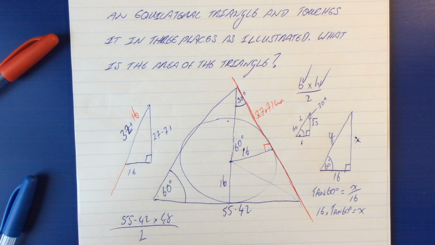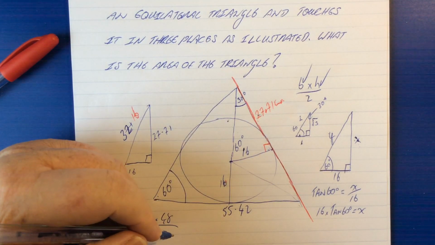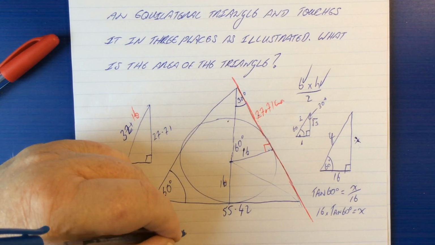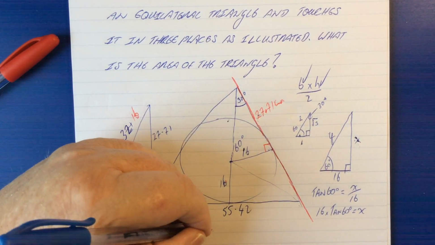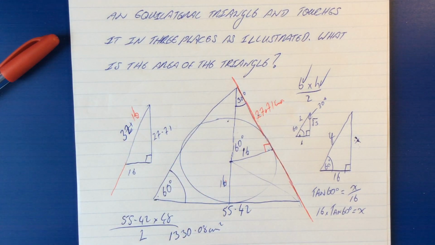Okay, 55.42 times 48 divided by 2 equals, let's just make sure we've got that right, 55.42 times 48 divided by 2. 55.42, do it twice and just check, times 48 divided by 2, I get 1330.08 centimeters squared.